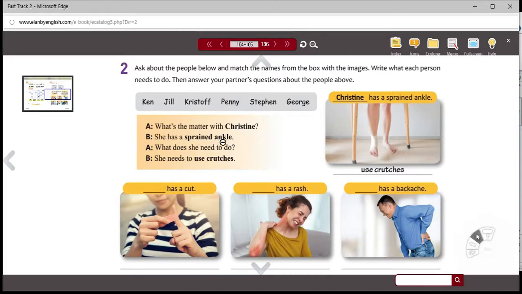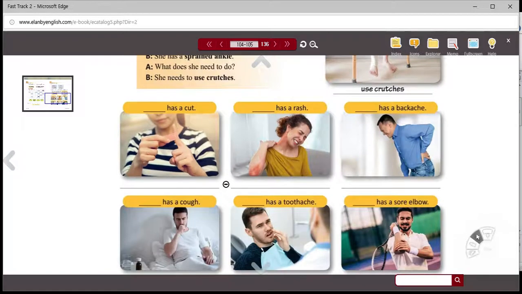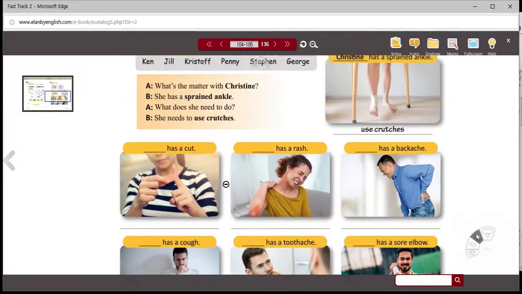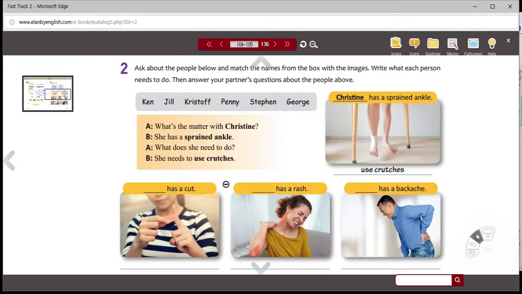Your partner will tell them what happened. What does she need to do? She needs to use crutches. Okay. All right. So you're going to ask these questions to your partner. Your partner will be able to answer. And you can switch each role.